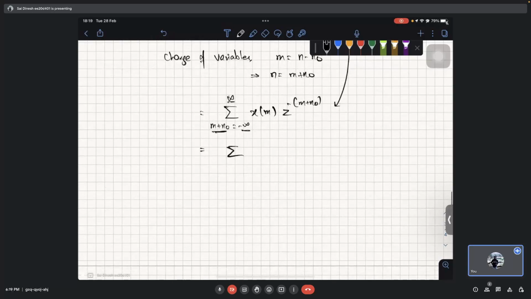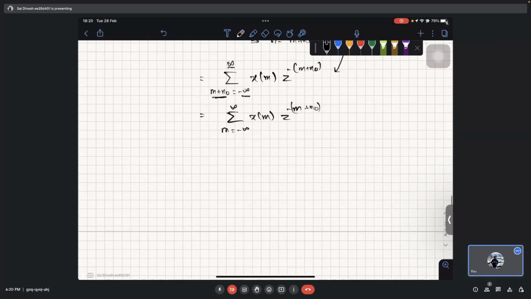So therefore this will be the sum over m equal to minus infinity to infinity of x(m) z^(-m), and then we bring out this n0 term to the outside, since it does not belong with m. Okay, let's write it in another step, plus n0. Now this n0 does not belong with m.